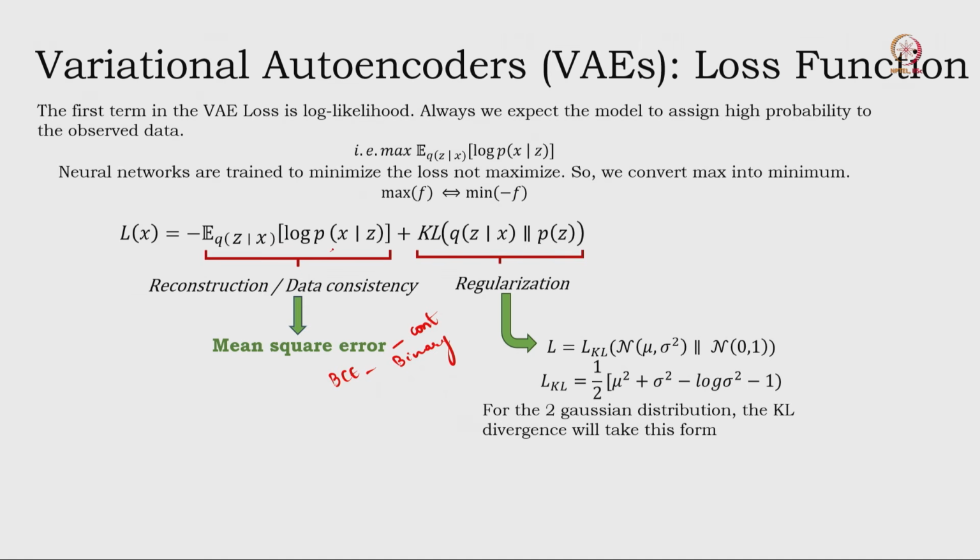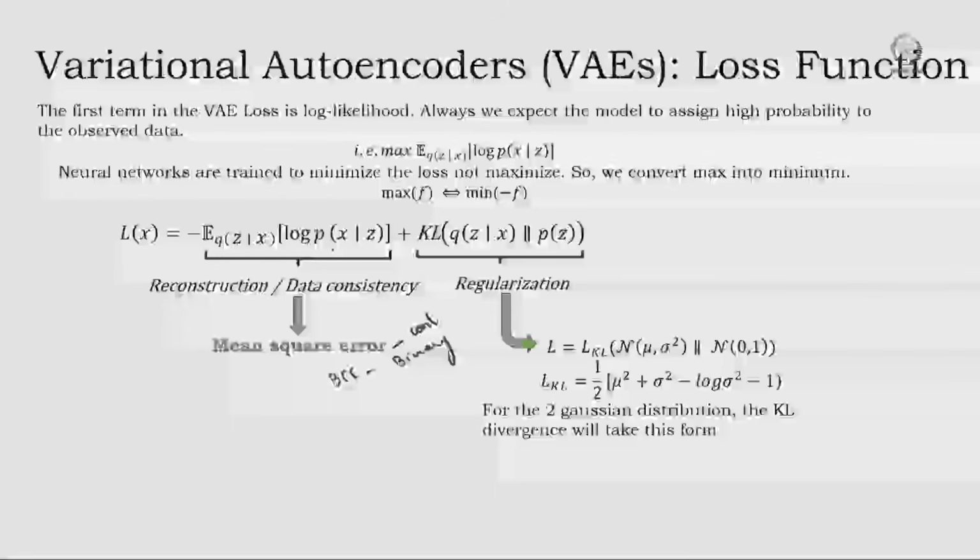Yes, it is a log likelihood, and we always expect the model to assign a high probability to the observed data. What do we mean by high probability here? It means the difference between the reconstructed and the original input value should be very small. So we always expect high probability for the observed data, as close as the original data.